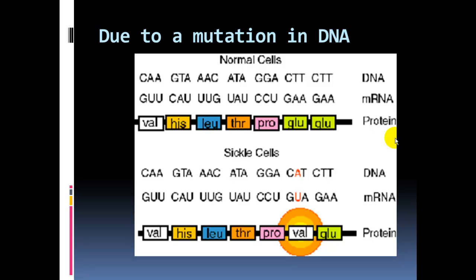So these unlucky folks have a mutation that results in valine replacing glutamic acid in hemoglobin.